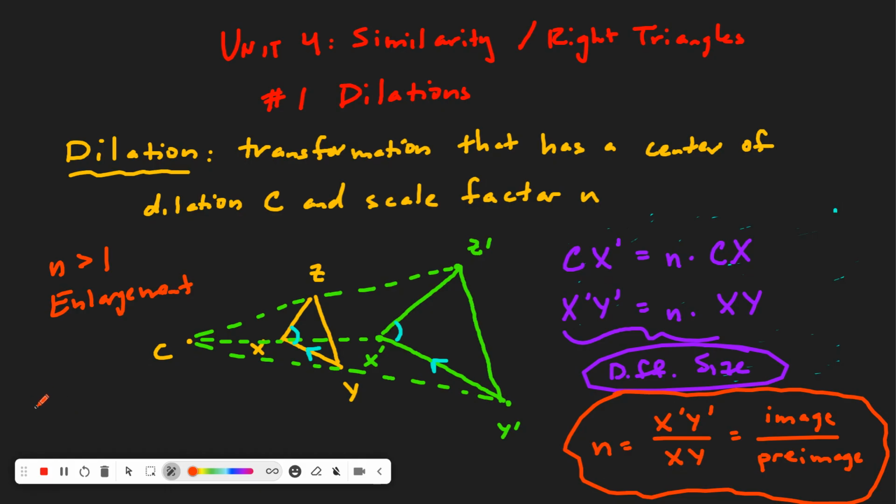But if your scale factor is less than 1, it has to be positive, so really it's in between 0 and 1, but I'm not going to confuse you with the 0. If it's less than 1, but positive, then your figure is going to get smaller. It's going to do a reduction. Those are the two different types of dilations you will see: enlargement and reduction, based off the scale factor value.